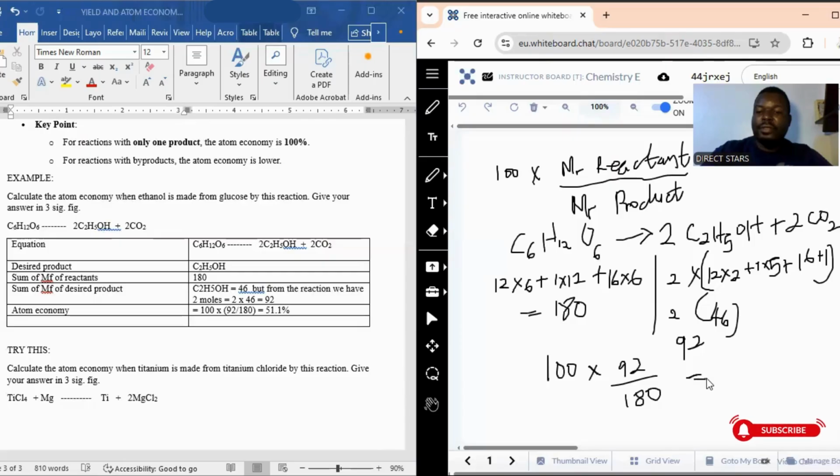And this gives us 51.1%. So what this simply means is the atom economy for this reaction is a bit low. It's around 51.1%. So I would encourage you to try out the next question, which says calculate the atom economy when titanium is made from titanium chloride.